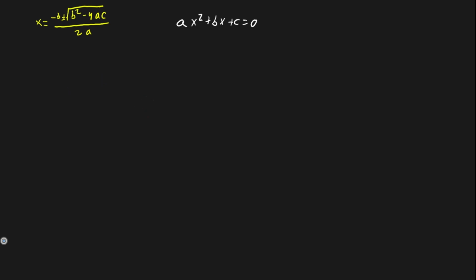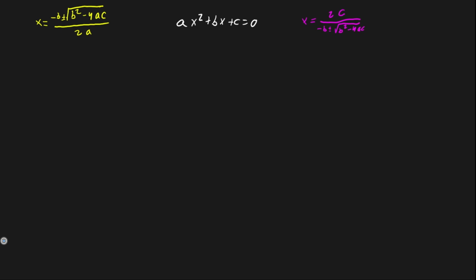So let's go ahead and write that down on the top right. So we have x is equal to 2c divided by minus b plus or minus the square root of b squared minus 4ac.